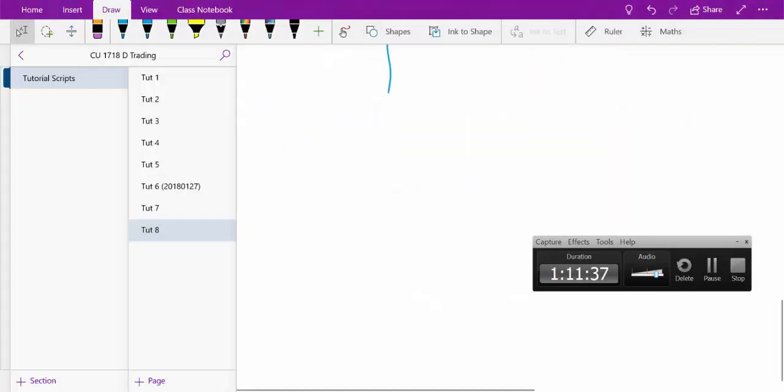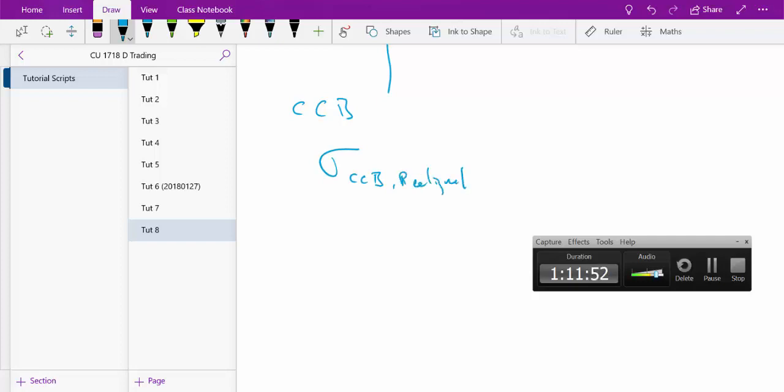when you are, let's just talk about stocks, okay? So CCB. So there will be a volatility for CCB, which is the realized, and there will be a volatility for CCB, which is the implied. And now this is based on the CCB stock price, okay?